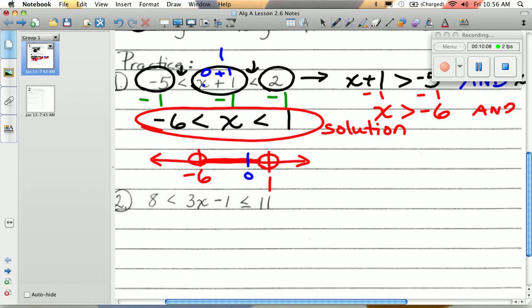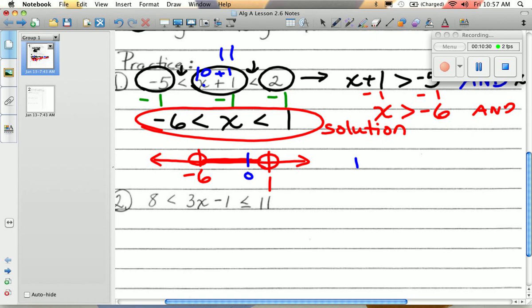So if we picked one that wasn't in that region, such as, how about 10? 10's over here somewhere, right? It's not in our intersection part. Let's put a 10 in here. What's 10 plus 1? 11. Is negative 5 less than 11? Yes. True. Is 11 less than 2?